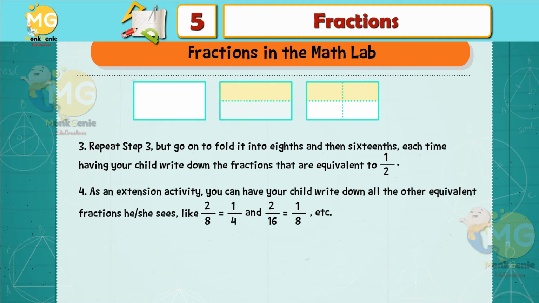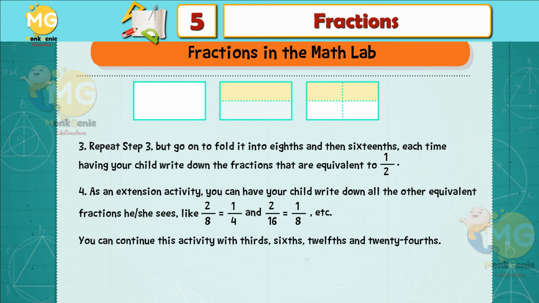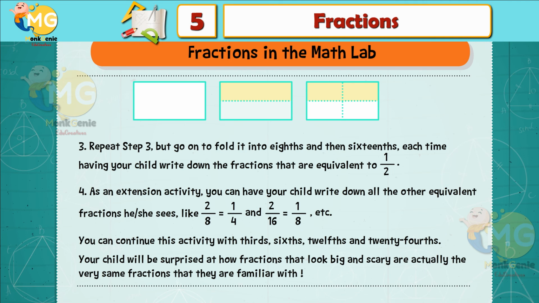As an extension activity, you can have your child write down all the other equivalent fractions he or she sees, like 2/8 is equal to 1/4 and 2/16 is equal to 1/8, etc. You can continue this activity with thirds, sixths, 12ths and 24ths. Your child will be surprised at how fractions that look big and scary are actually the very same fractions that they are familiar with.